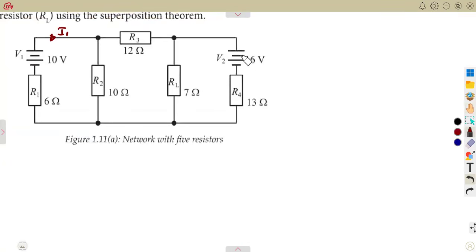And according to V2, the current is going to flow from V2, which is I2. These currents are going to be affected by many resistors, talking of this one from I1. Until it reaches this point, it is going to be affected by this resistor. But at the end, we will have this current here.